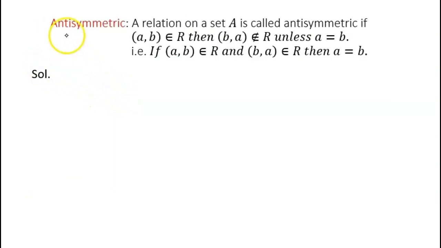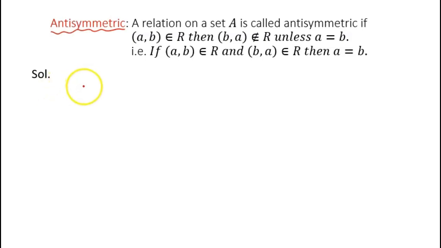Okay, so let us count the number of anti-symmetric relations. To count the number of anti-symmetric relations, again we are going to follow the matrix related idea, because it helps us to visualize the picture in a better way.